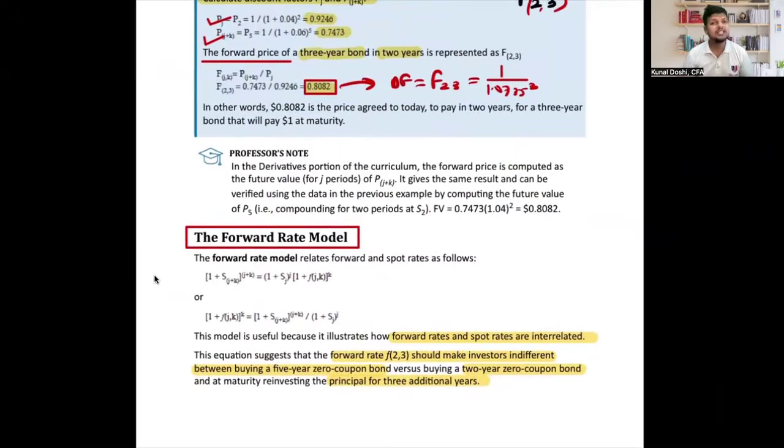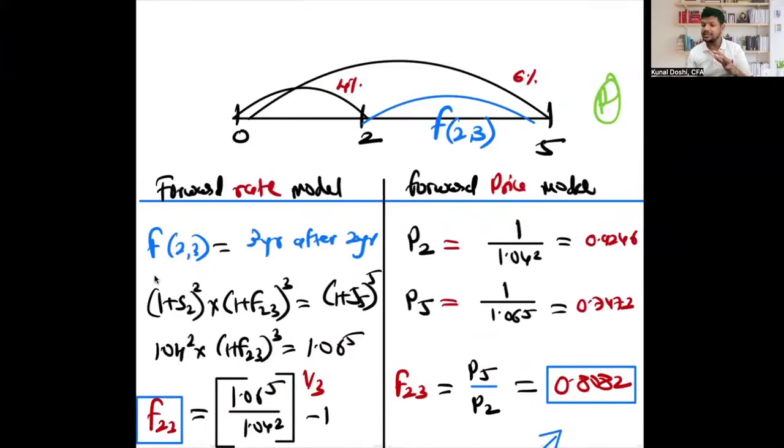But what is the difference here? The difference is that forward rate models are based on the expected forward rates. These rates can be pulled out from the relevant spot rates or zero rates, or in the exam they will be providing you that, and then you can find out the forward rates and accordingly you can value, correct?